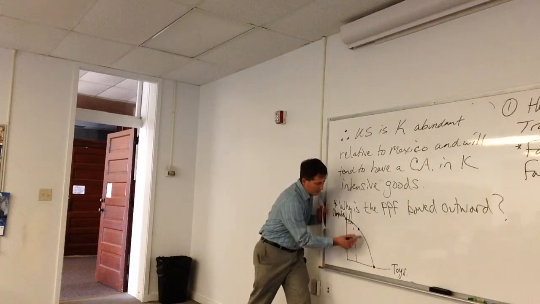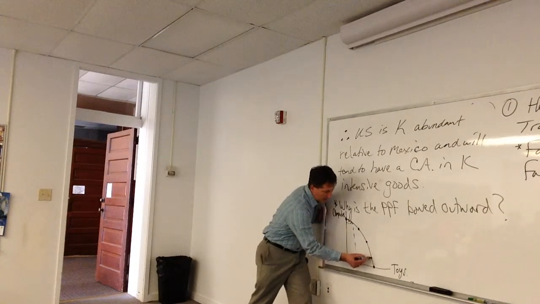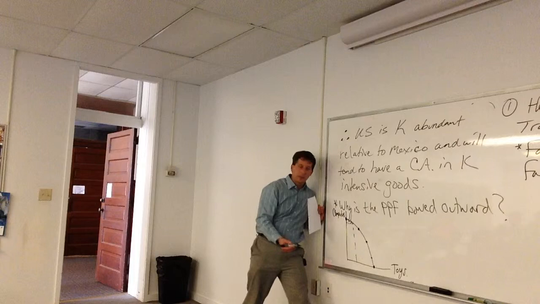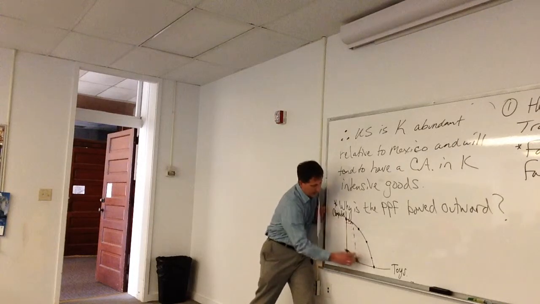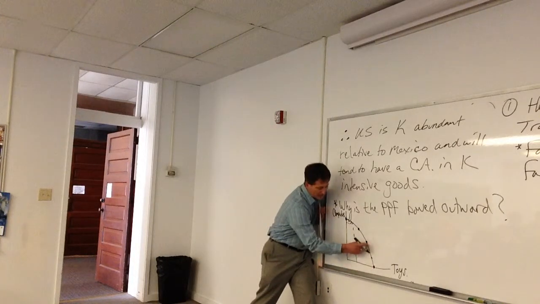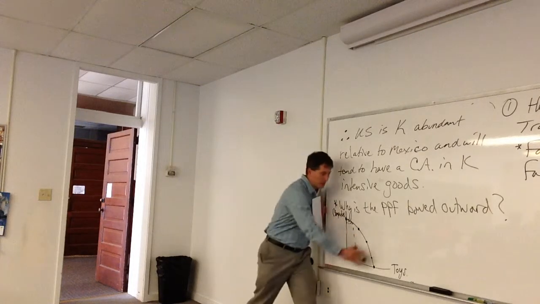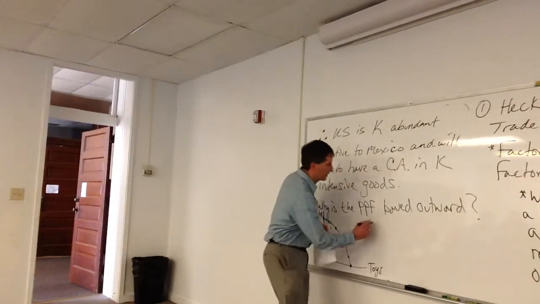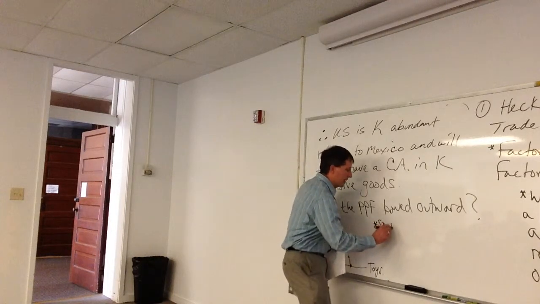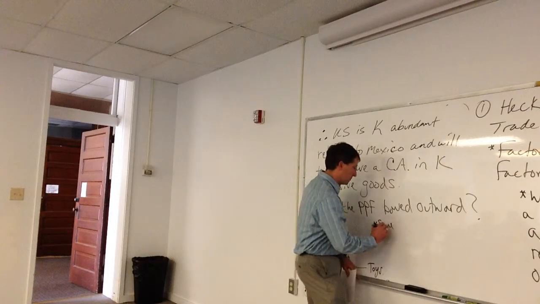As we continue to move along the frontier, we get to this equally obnoxious point where another toy is fairly costly in how many computers we have to give up to get it. So some resources are better suited to the production of one good or the other, is the answer that John gave, and I'll buy that.